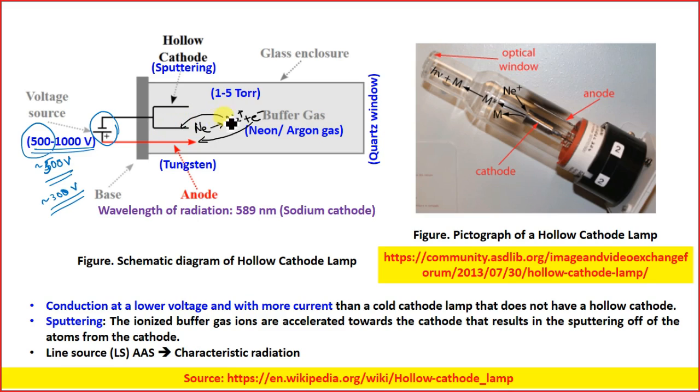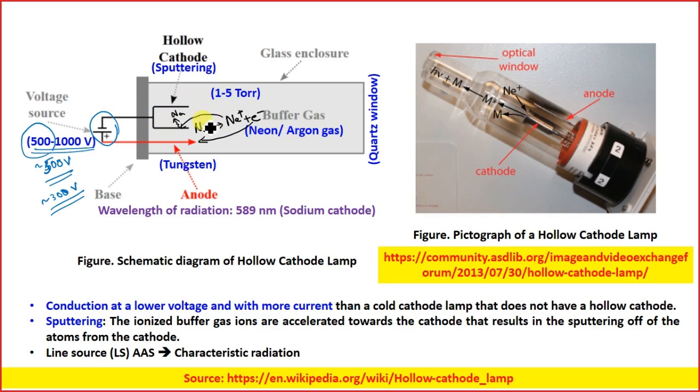When it strikes the cathode, it dislodges atoms from there. Suppose this is sodium, it will dislodge the sodium metal from here.